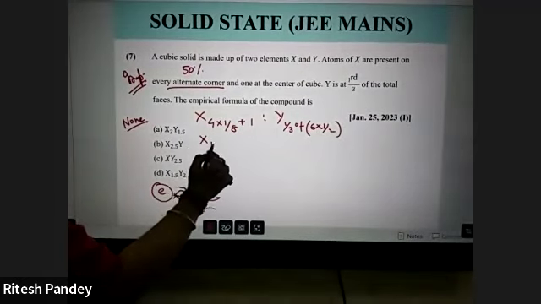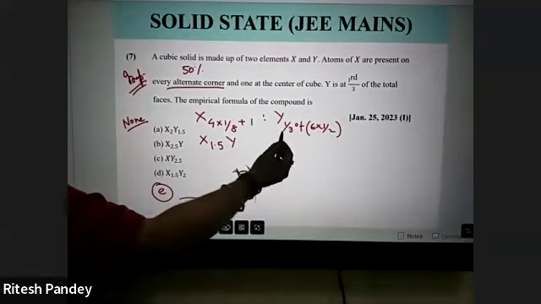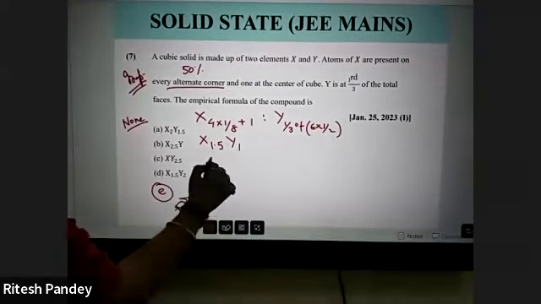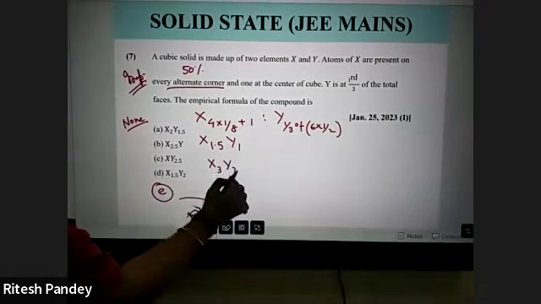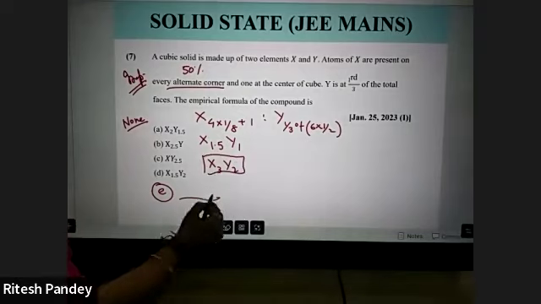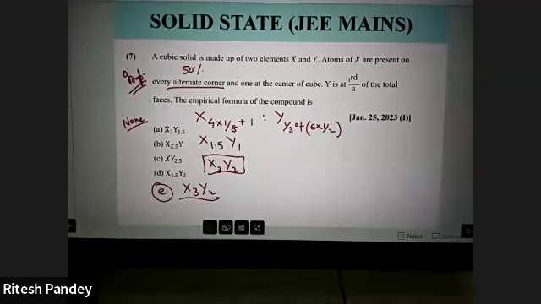Now this is x 1.5, I reckon. Y, and that's 1. So this could be written as x 1.5 y, or it could be written as x3 y2. So this has to be the right answer, and that makes this problem of particular interest.